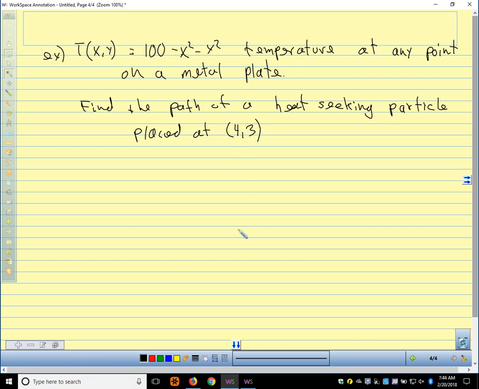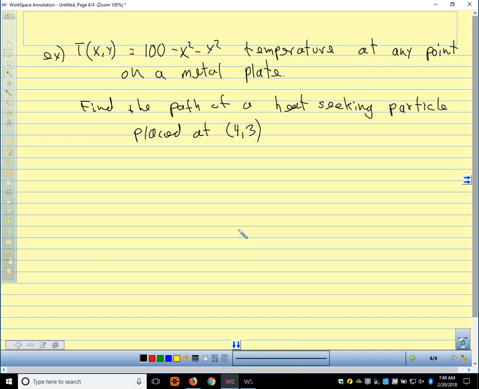So we have this particle. I guess we could think of this as a temperature in a place of area of two-dimensional space, and you have some kind of device that goes towards the highest temperature, a heat-seeking missile or some kind.